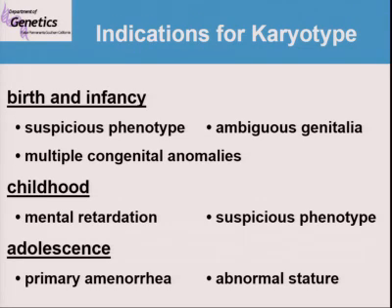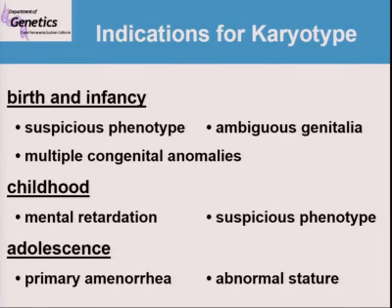So the suspicious phenotype. Any infant with multiple congenital anomalies in a number of different organ systems, it's worth considering a karyotype unless you can explain that constellation of findings by a single gene disorder. And any newborn with ambiguous genitalia, because when a baby's born, what's the first question everyone asks? Is it a boy or a girl? And you look down and say, I'm not sure.